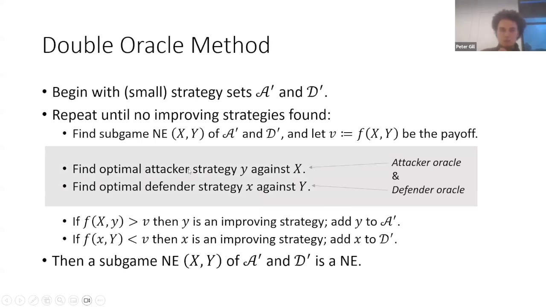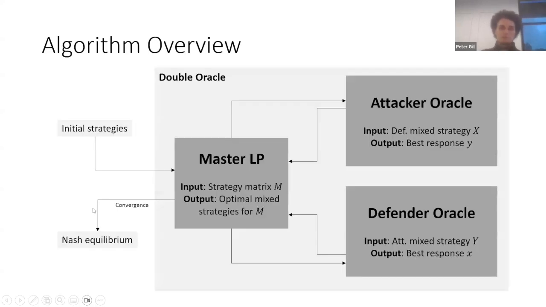This top one, finding an optimal attacker strategy against some mixed defender strategy, is called the attacker oracle, and the defender oracle is similar for the defender there. Pictorially, if people like pictures, I start off with initial strategies. I go into the master LP. This is very, very quick compared to the attacker and defender oracles there.